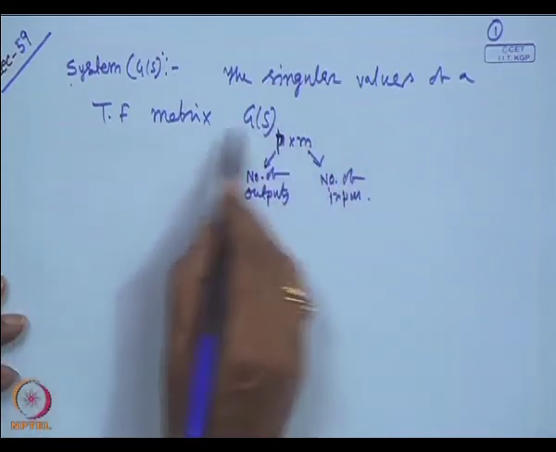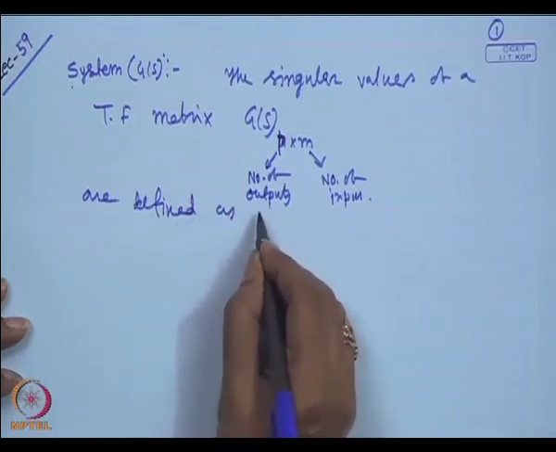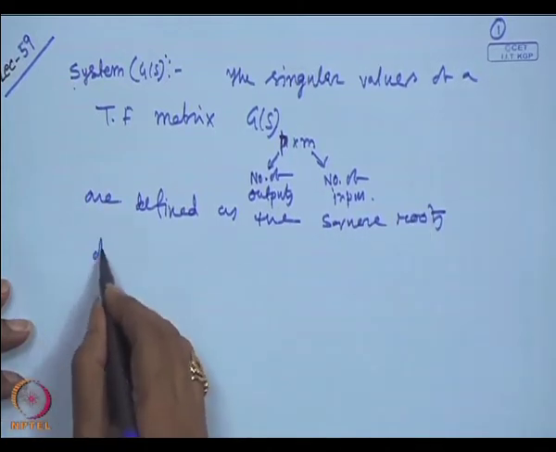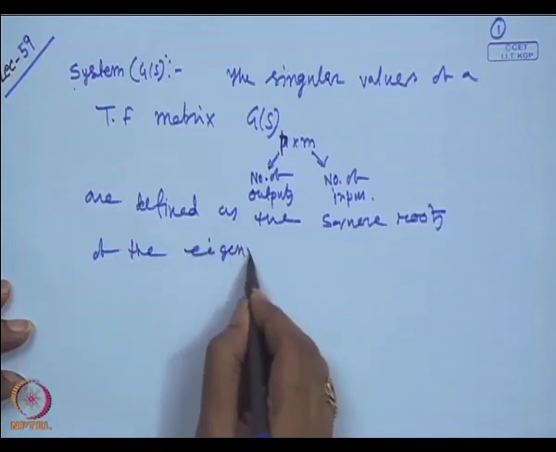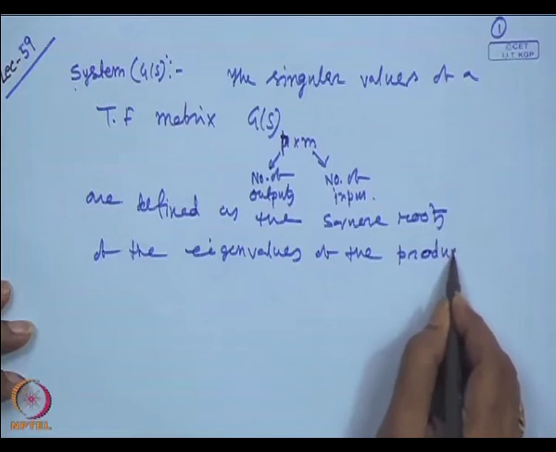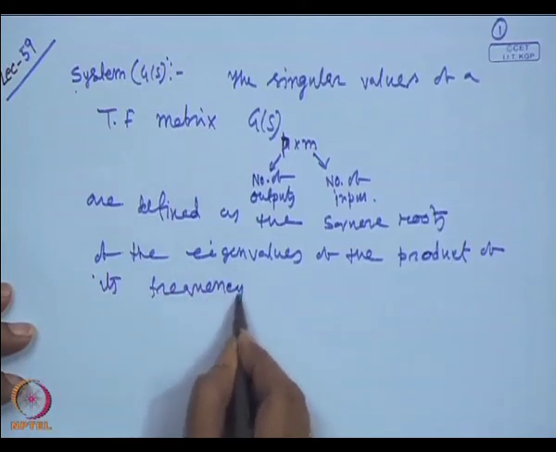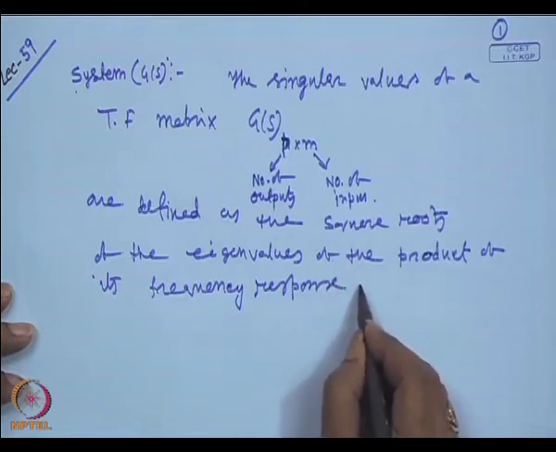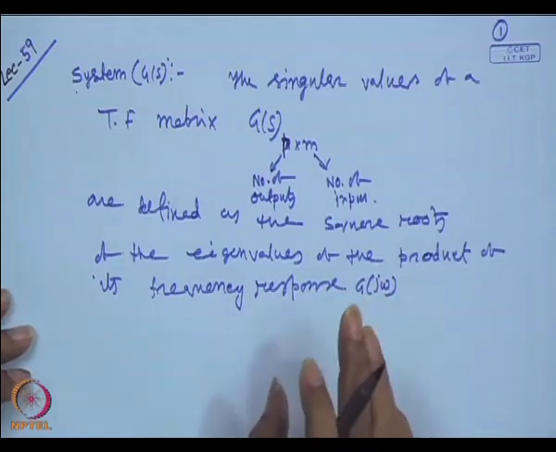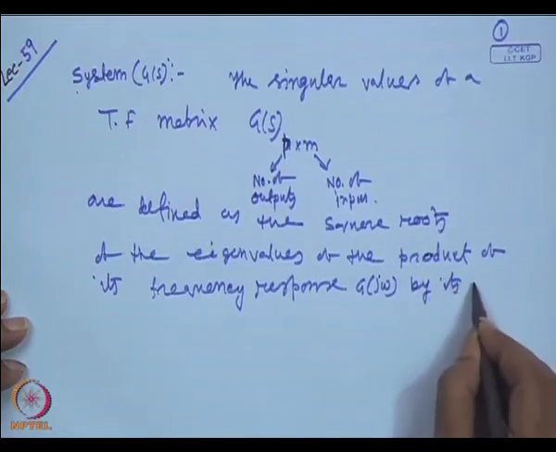The singular values of the transfer function matrix are defined as the square root of the eigenvalues of the product of its frequency response G of j omega, whose physical interpretation for a multi-input multi-output system we discussed last class, by its conjugate.